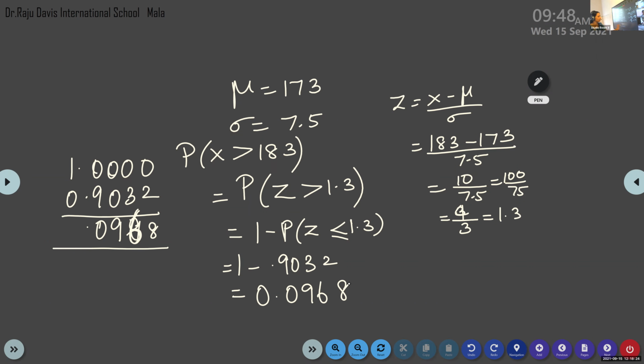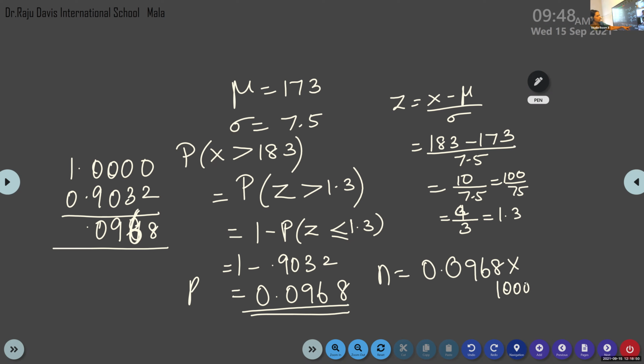Okay, don't write like this. What you have to do, we want to find the number of students. So this is the probability we get. What will be the number of students? 0.0968, you multiply by 1000, because it is given, how many students are there? 1000.